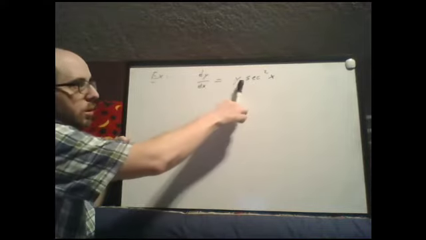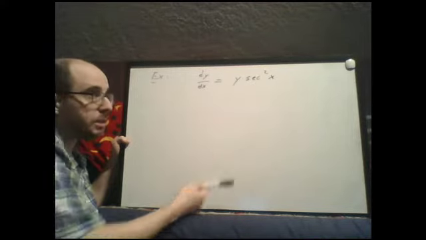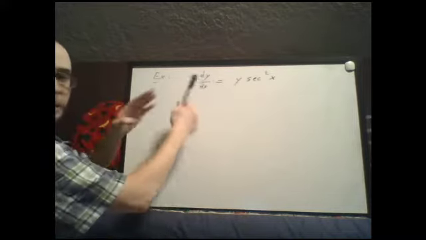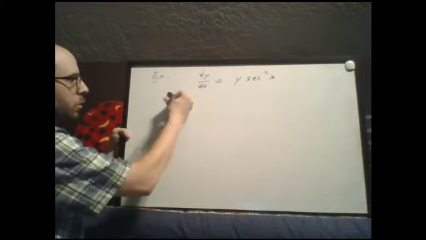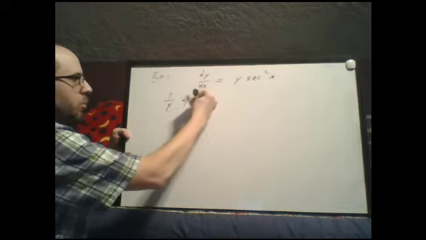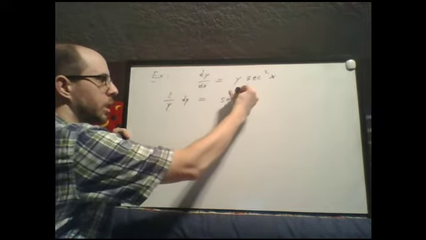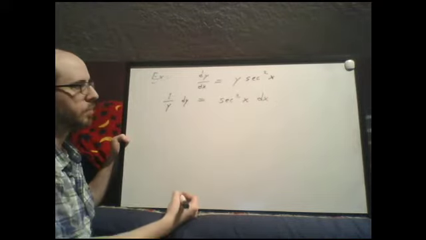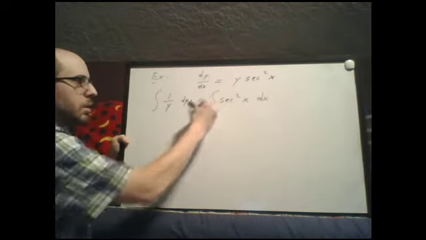That side of the equation is just a product of a y expression times an x expression. So we separate. We'll have 1 over y dy equals secant squared x dx. Then we integrate both sides.